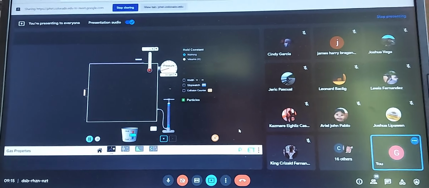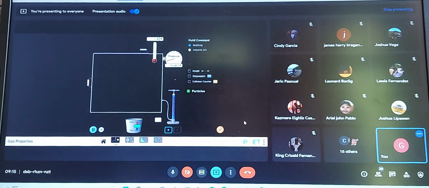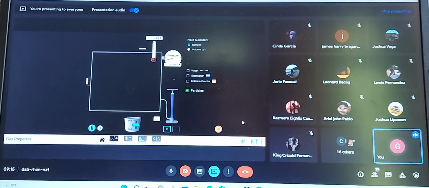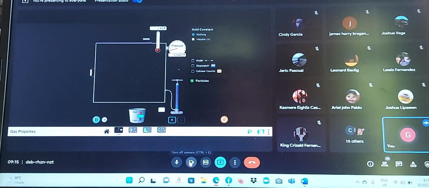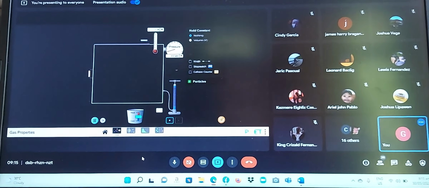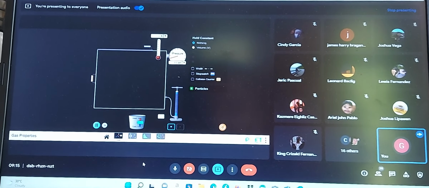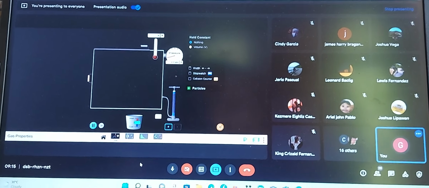Okay, so this is a virtual laboratory. When we say virtual laboratory, since we do not meet inside the classroom for face-to-face meeting and use the laboratory instruments and equipment, we can do the laboratory online.